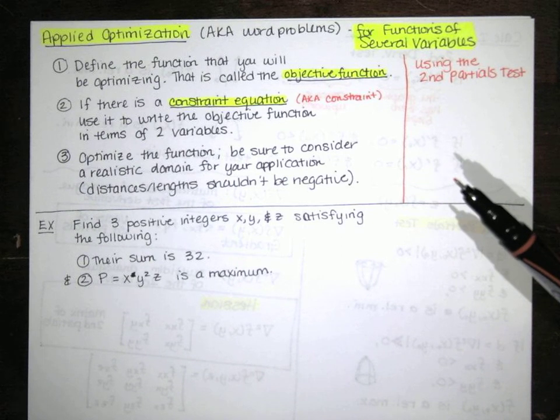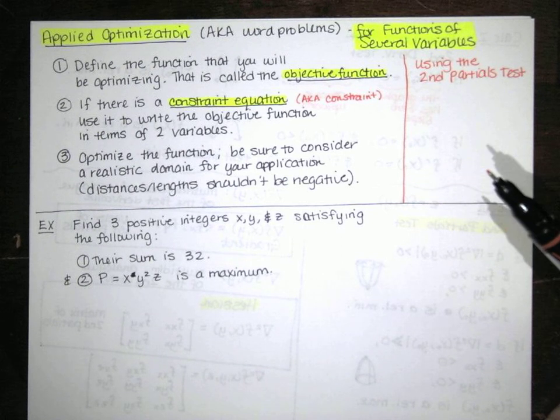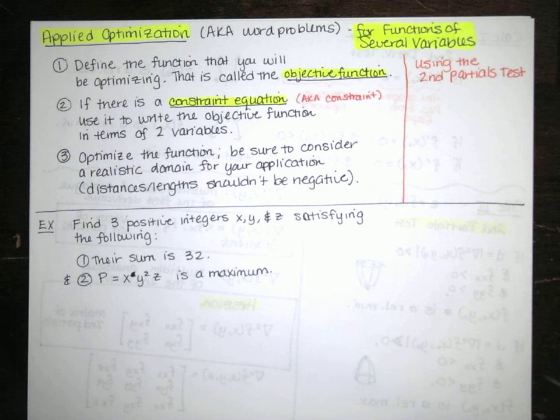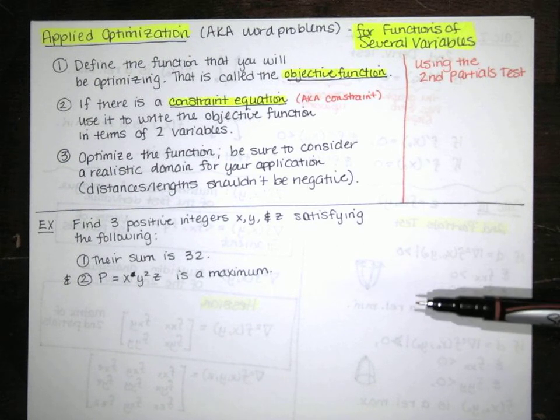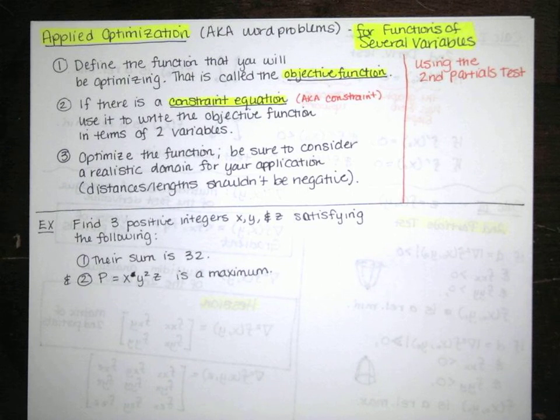Now the problems that we're about to do today are a little bit contrived. The first one is a problem that just allows us to walk through the method, and then the second application problem is a little bit contrived, but it's a good application of applied optimization. There are some great examples from physics, business, economics, biology.